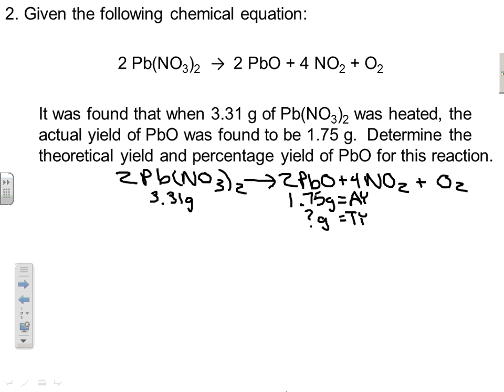That's the thing I'm going to look for using the calculations we did the other day. Once I have those two numbers, I'll do my percentage. So now I'm going to build my map just like I've been doing. I can't go straight across, but I can go down.